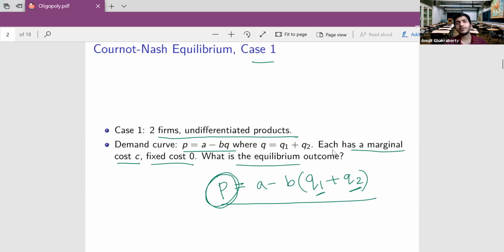Suppose we are asked to find out what is the equilibrium outcome of this market. If you think about it, this question is kind of simple. All it says is there are two firms. They're selling identical products. There is a demand for the market, and the price, which is basically the inverse demand. The price depends on the quantities produced by both the firms.